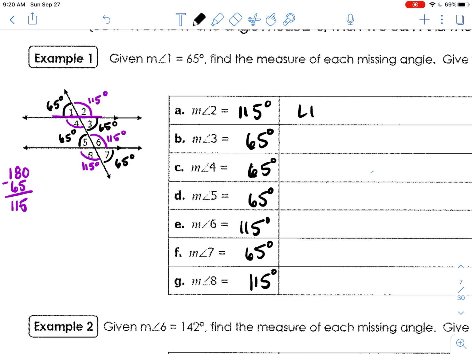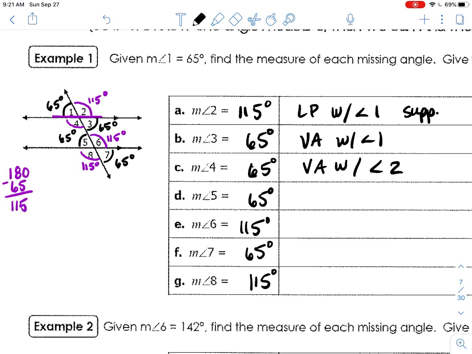Angle 2, we said that was a linear pair with angle 1 because those are supplementary. Angle 3 is vertical angles with angle 1. Angle 4 was vertical angles with angle 2. Angle 5, those were corresponding with angle 1.